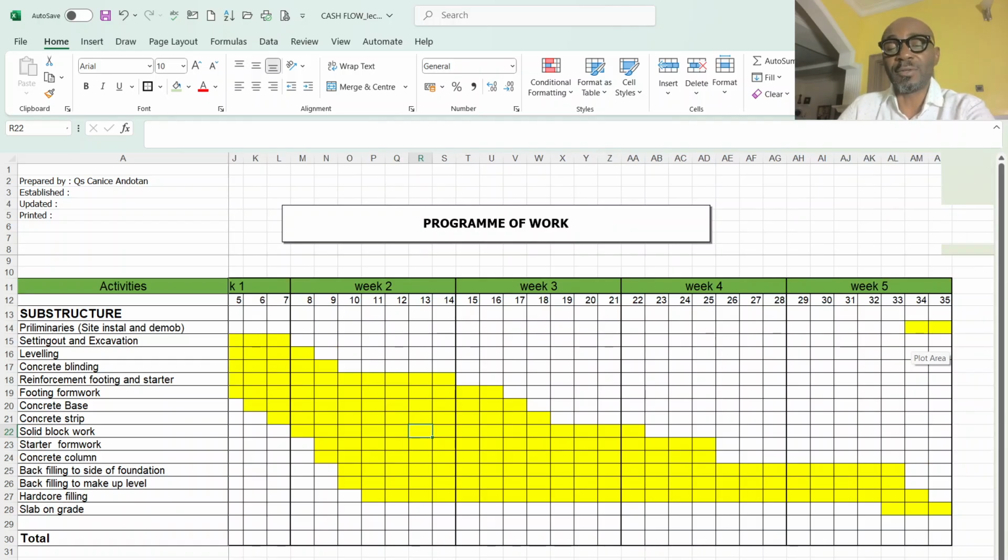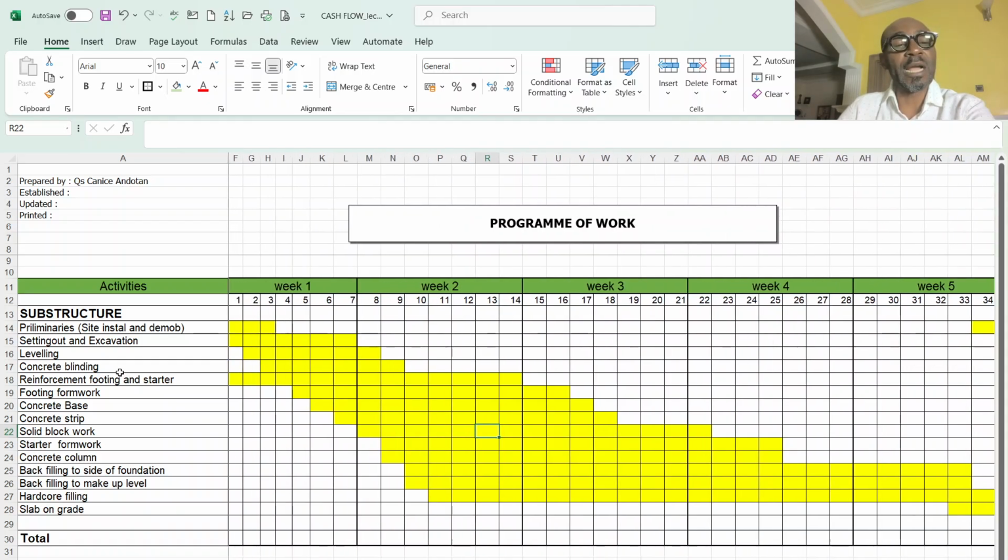So you can see I have my activities lined up on my far left, and on my right hand side, the number of days allocated for each of these activities is indicated in yellow color. The first item is site installation.